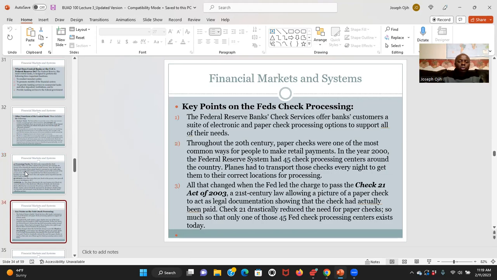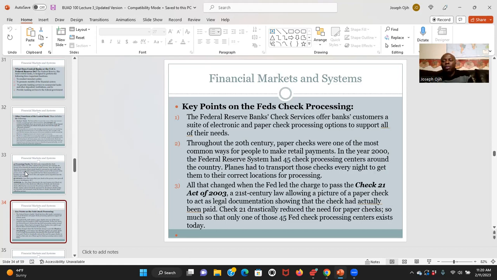So there are a few things we need to know about the Fed and check processing. The first one is that the Federal Reserve Bank check services offer bank customers a lot of electronic and paper check processing options. So when you make a payment with a check, or deposit a check in your account, there are many options that can be used to process it.